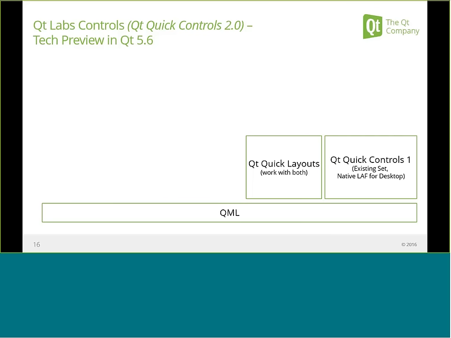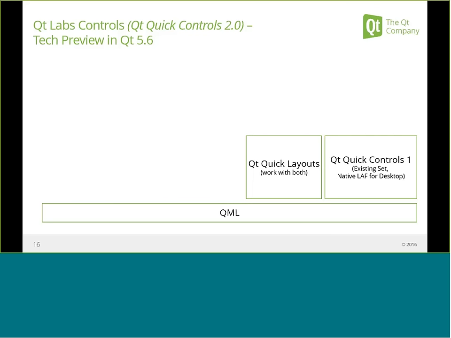In the early days of QML, if you wanted to make your UI controls like buttons and sliders, you would have to make them from scratch yourself. It's not that difficult, it's actually quite fun to do them, but there wasn't a library of controls, well, until we introduced them.